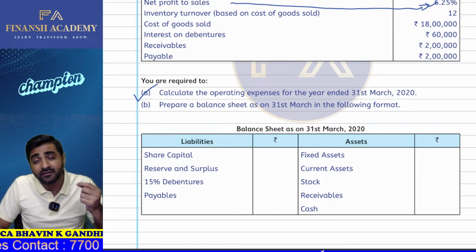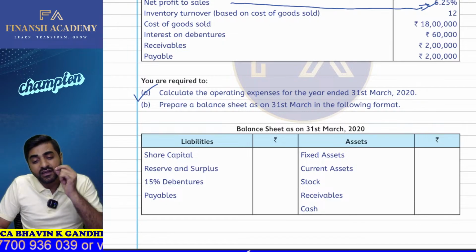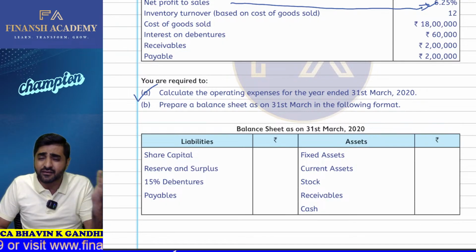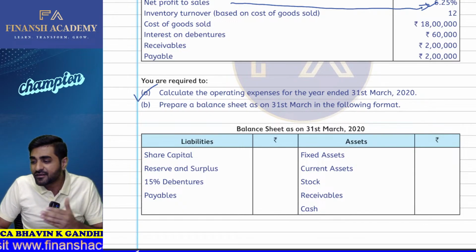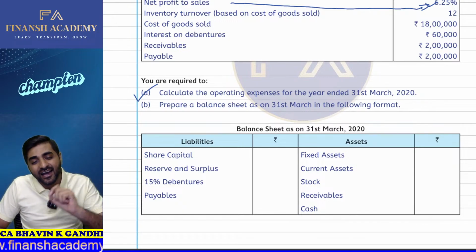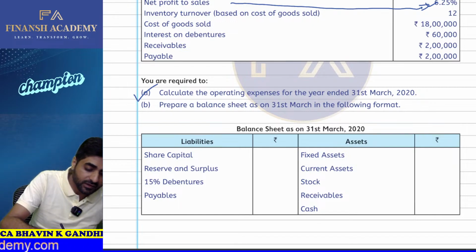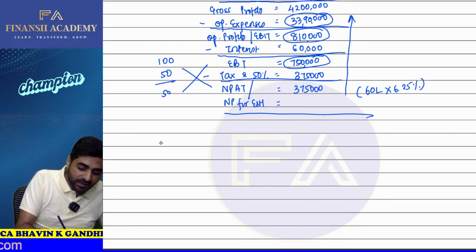In that, we have share capital, we have reserves, we have 15% debentures, we have creditors. On the asset side, we have fixed assets, current assets, stock, receivables, and cash. So, we just have to prepare this face first with the help of the ratios. Then, are we going to prepare and complete the balance sheet? Come on, yes or no? Yes, sir. So, now you all can write down B part.